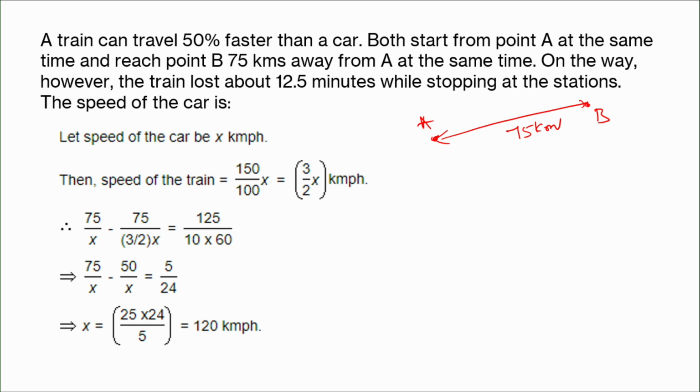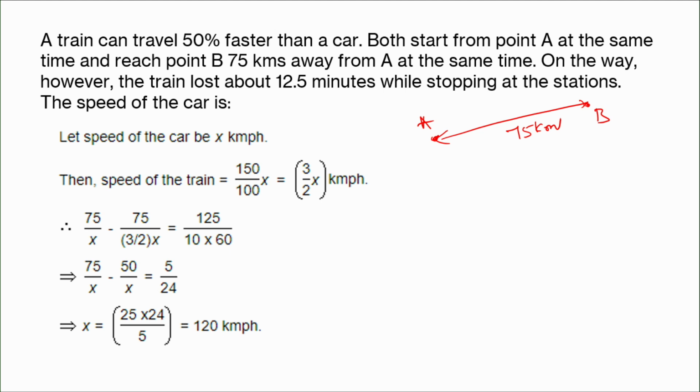When you compare the car and train, the train speed is 50% more than the car. For example, if the speed of the car is 100 kilometers per hour, then the speed of the train is 150 kilometers per hour, 50% more. Clear?